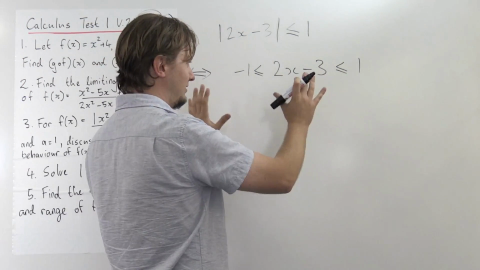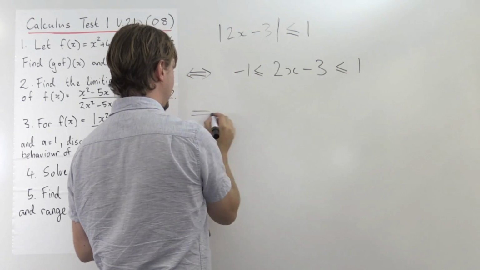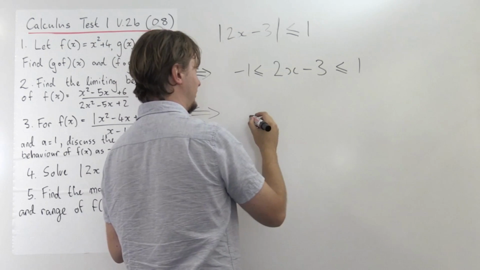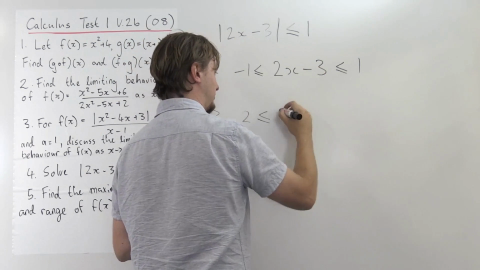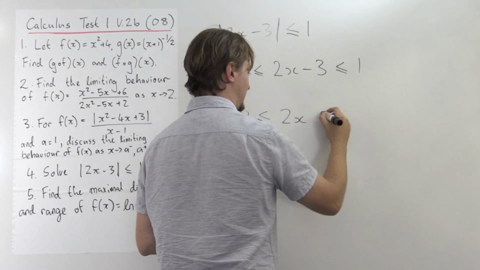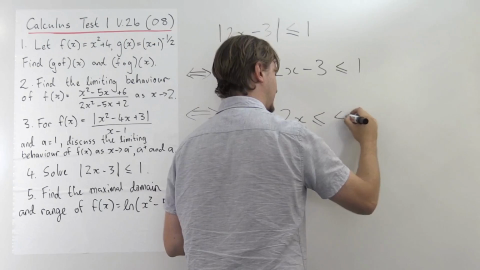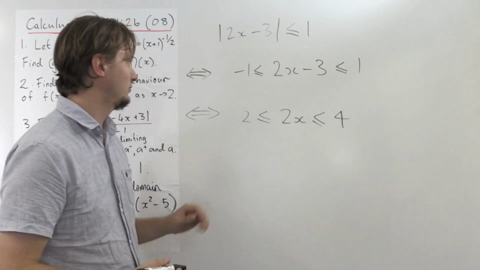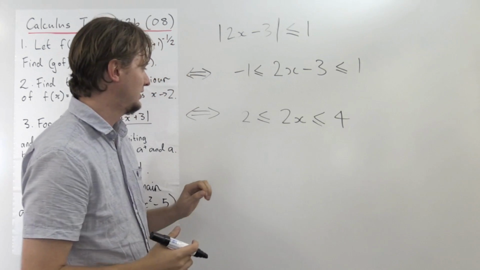If I just add 3 to everything, all these numbers will shift along and keep the same order. So I'll get minus 1 plus 3 is 2, this plus 3 is just 2x, and that has to be less than or equal to 1 plus 3, which is 4. So all I've done is taken these 3 numbers and shifted them along; their order doesn't change.